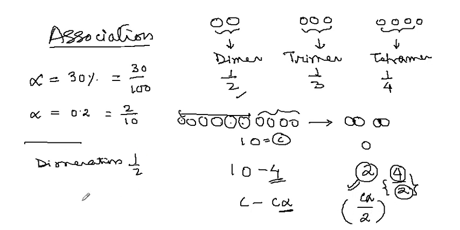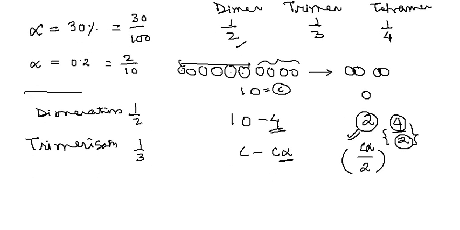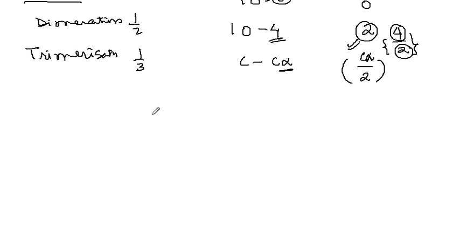If it is a trimerization, then we are going to divide it by 3. So accordingly we can generalize this expression. Let's say we had n number of A which has got associated n times, so what can we write?